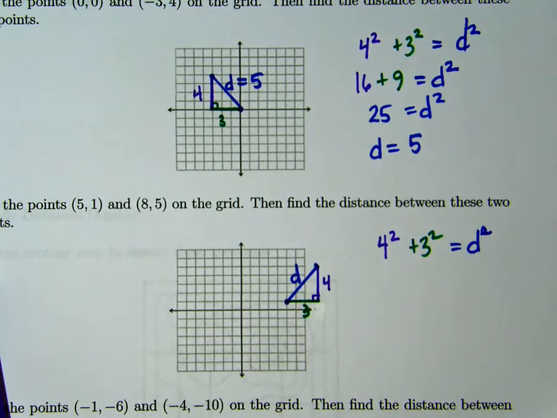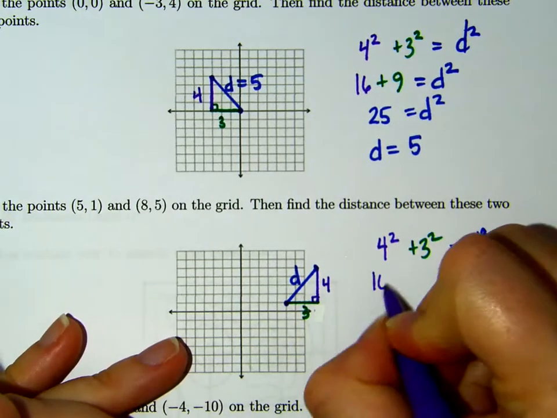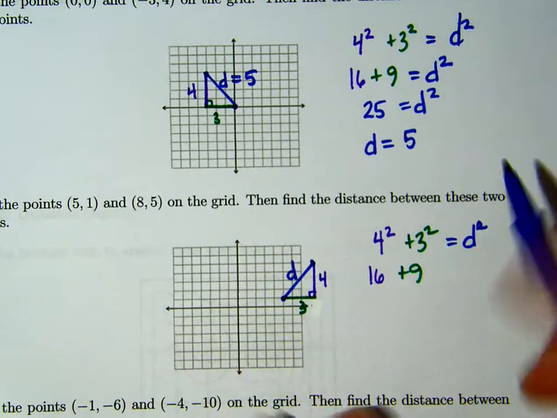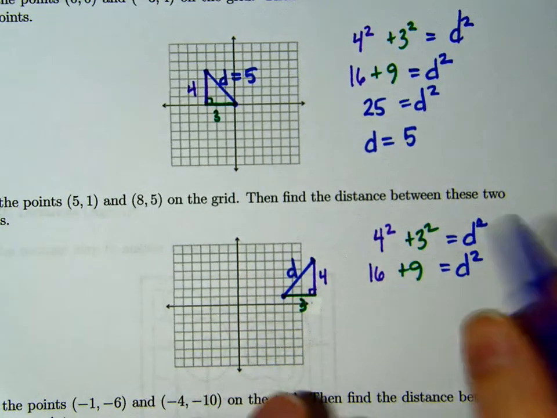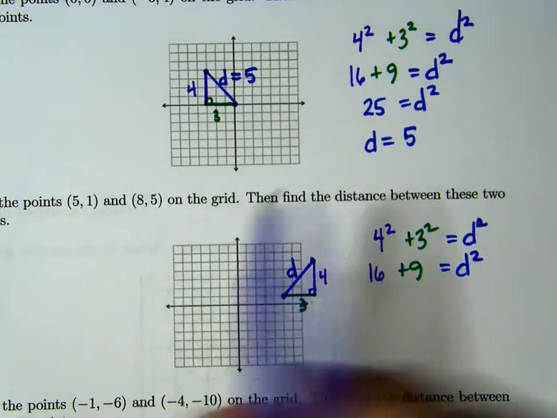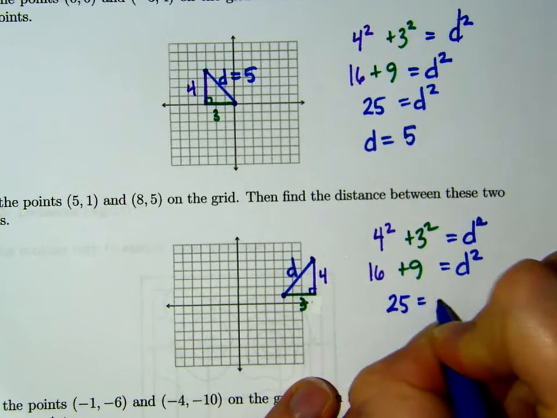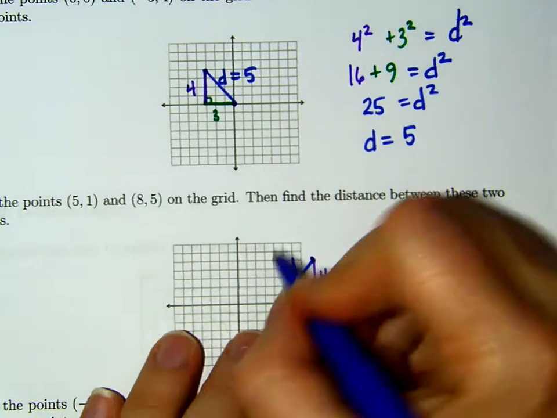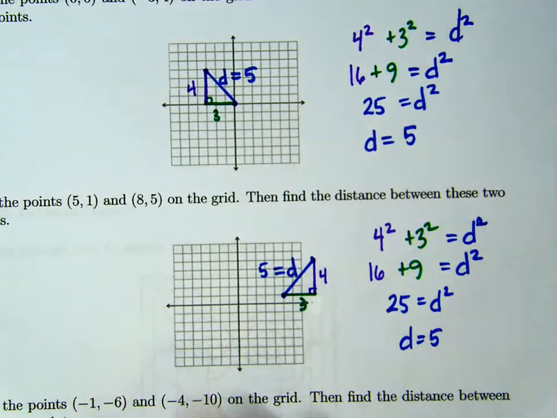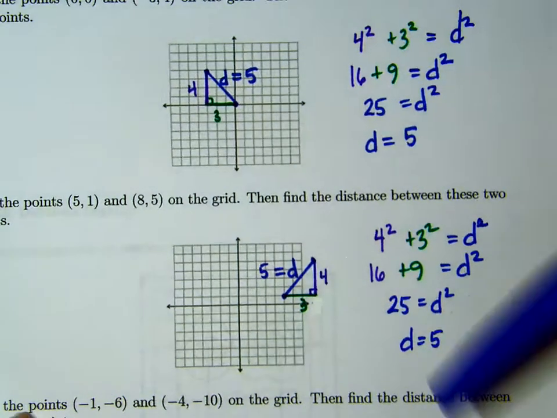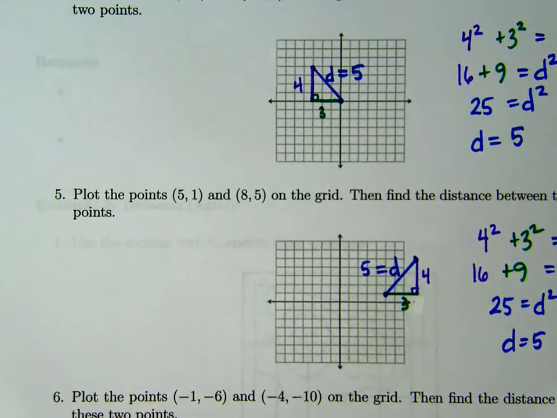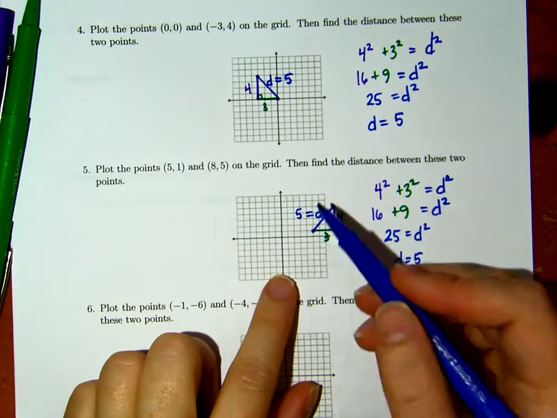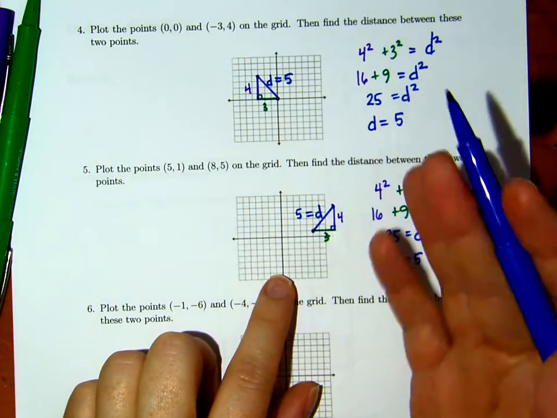And then 16 plus 9, 3 squared is 9, is equal to d squared, and that is 25. D equals 5. Distance of 5. So even though they were at 2 different locations, we went through the same process and they were actually the same triangle, just flipped and shifted.